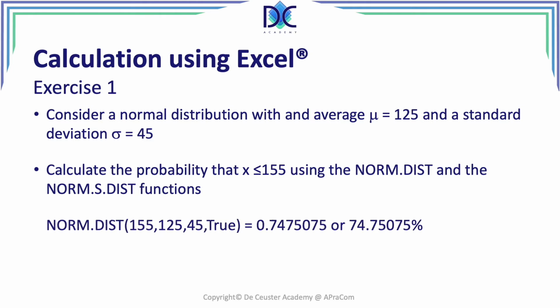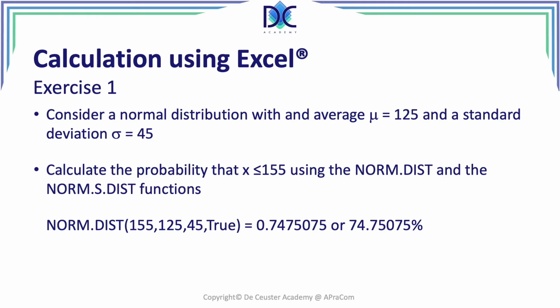The first element is NORM.DIST. We have the value of x, 155, the mean, 125, 45, which is the standard deviation, and we have the parameter true, because we want to know the probability for all values smaller than 155.